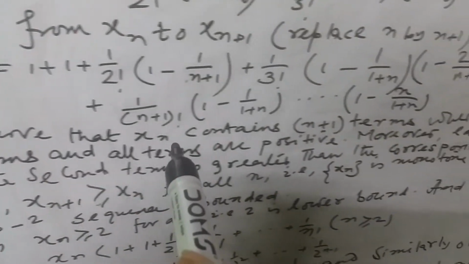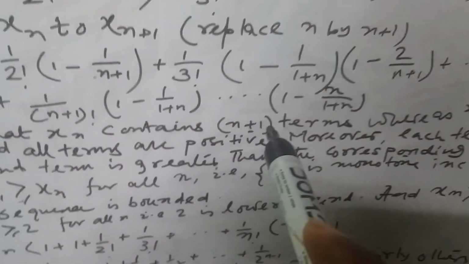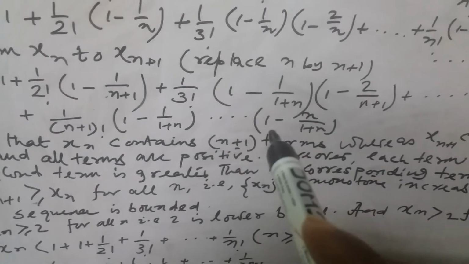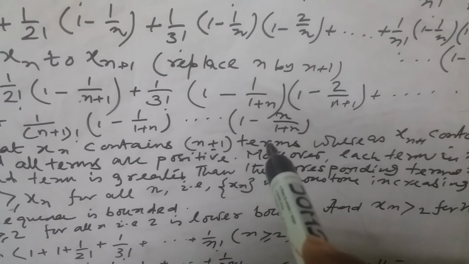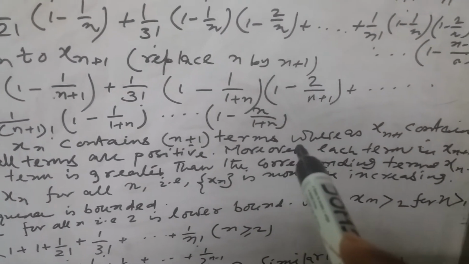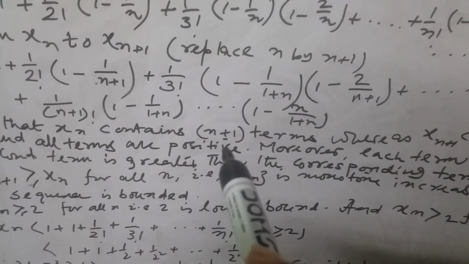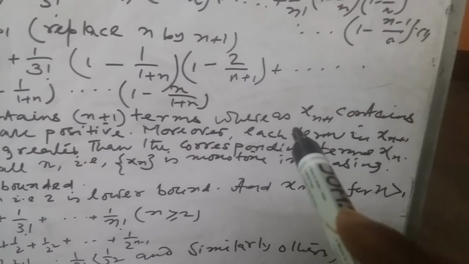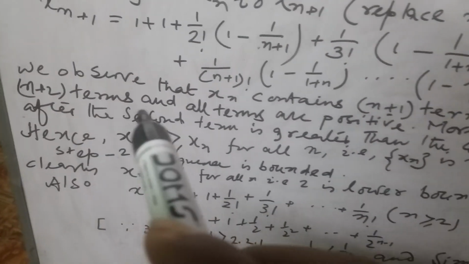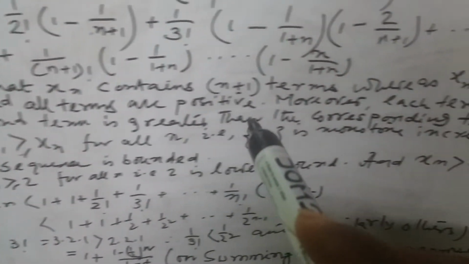So we observe xn contains n plus 1 terms, whereas xn plus 1 contains n plus 2 terms, and all terms are positive.